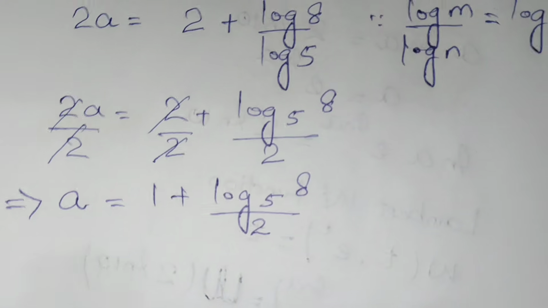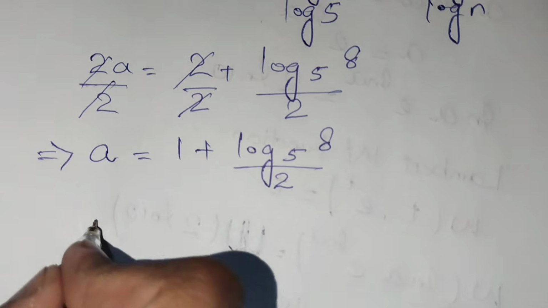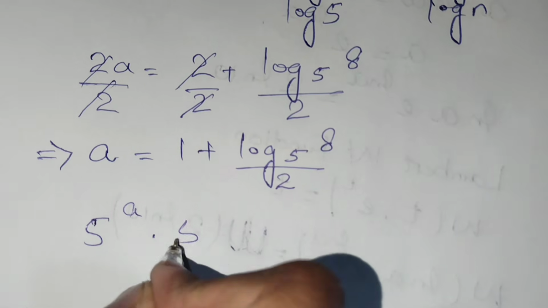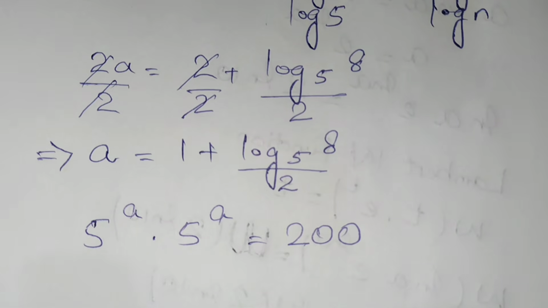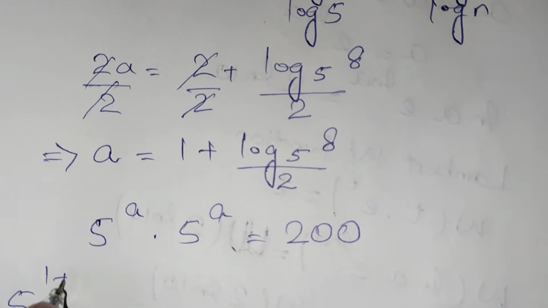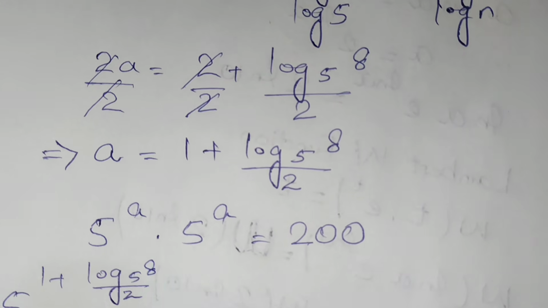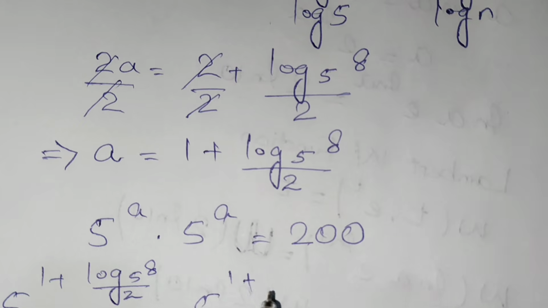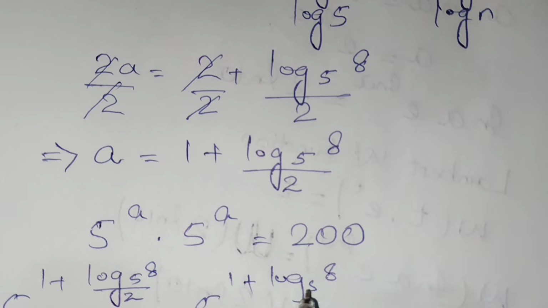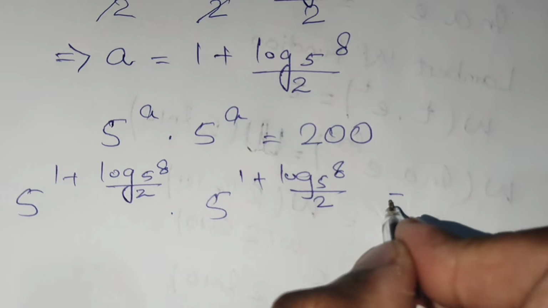Let's check this value of a by putting this value back in the given equation. We have 5 power a times 5 power a equals 200. This will be 5 power (1 plus log of 8 with the base 5, over 2) times 5 power (1 plus log of 8 with the base 5, over 2) is equal to 200.